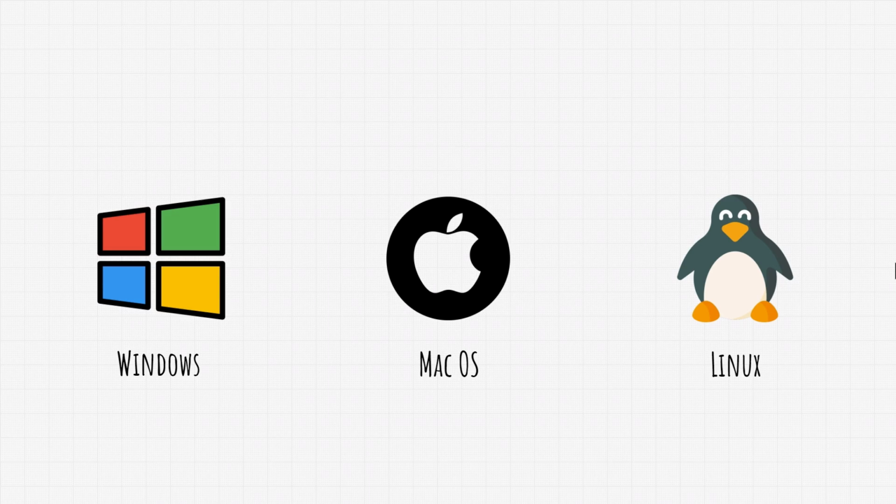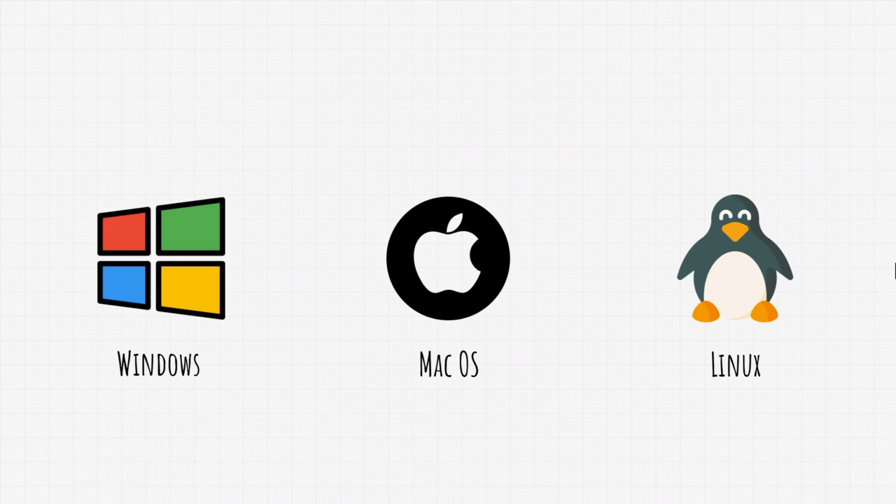But what if we wanted to run two different operating systems on the same machine? Can we do that? For example, let's say you have Windows installed on your physical machine, but you want to install Linux too. Or even better, you want to install 5 operating systems running on different virtual machines. Can you do that? You can.